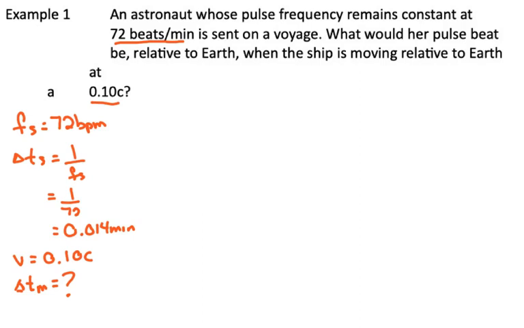This is how it appears to the person on Earth. The person making the observation is stationary, so somebody on Earth would be in motion relative to the observer. So to determine this, we go to the time dilation formula.